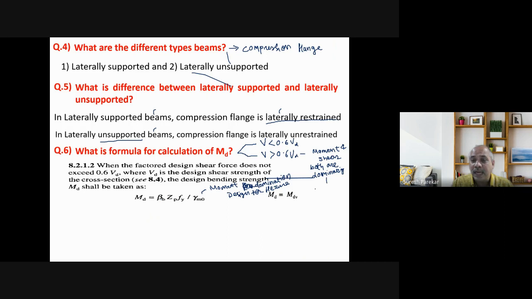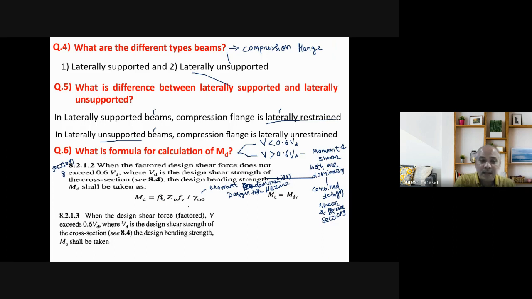So this will be a combined design for shear and flexure, and therefore we have to go to section 9 in this case, which is for combined effect. And this one, 8.2.1.1, is in section 8, which is for pure bending or for moment dominating. And if you have greater than 0.6 VD, then you can have this formula MdV, which is given in 9.2.